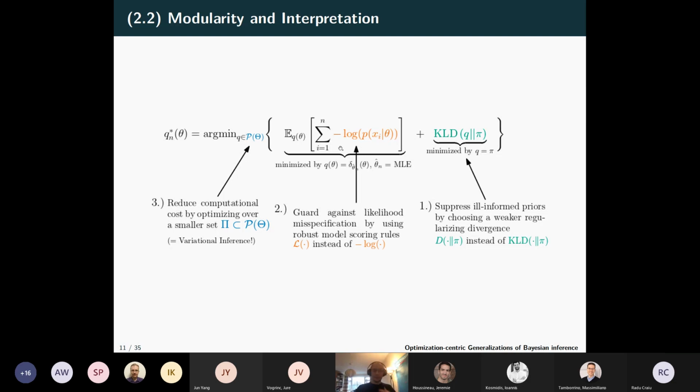And lastly, the last problem we saw right at the beginning was that your computing power may be insufficient to actually compute the Bayesian posterior in its entirety. So what you may want to change is actually the space over which you solve this objective. And in fact, this is what people call variational inference, even though it's usually motivated in a different way.